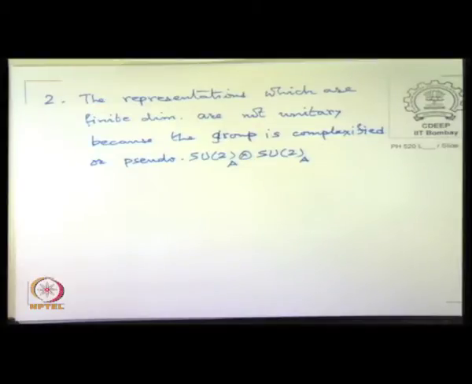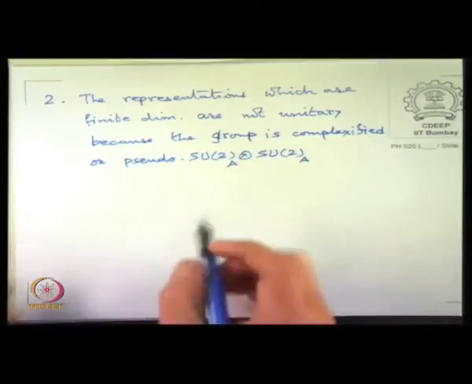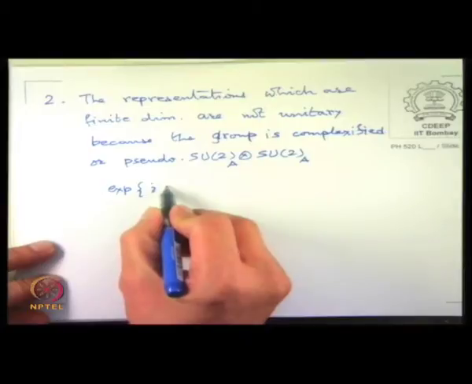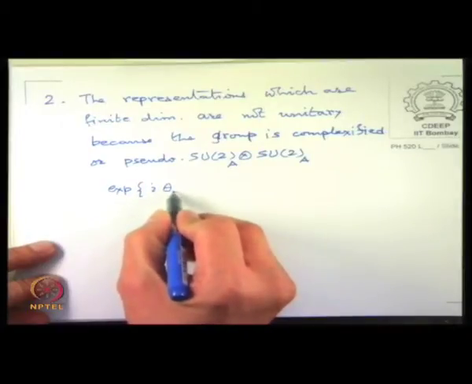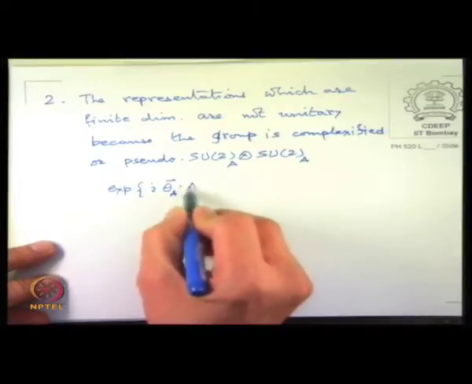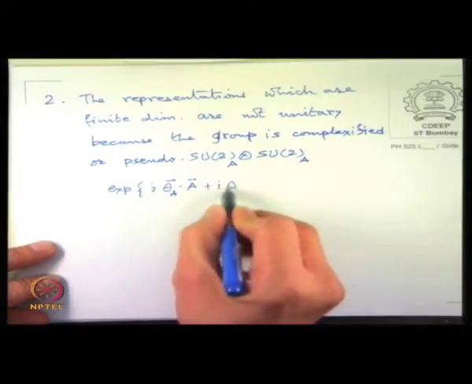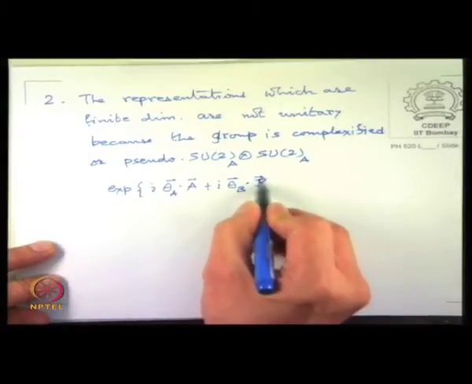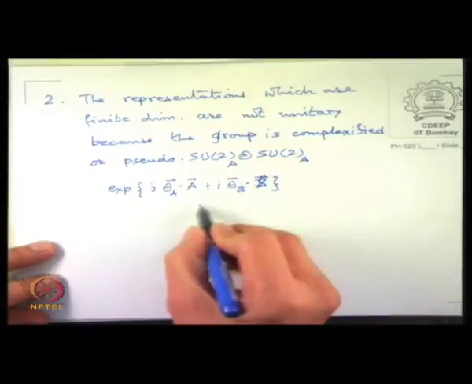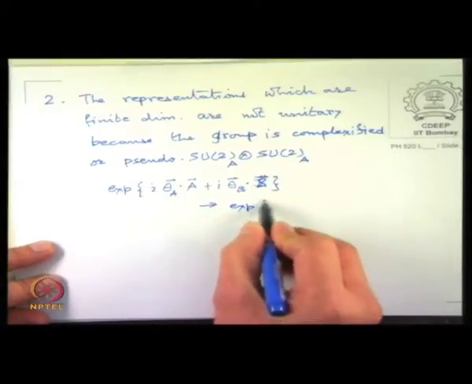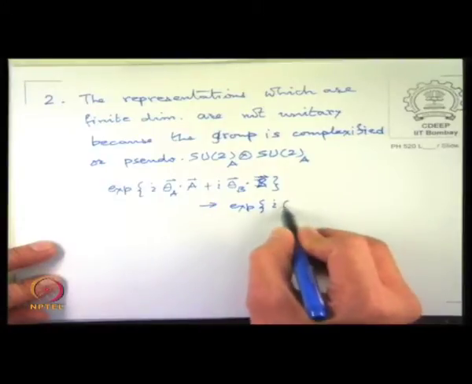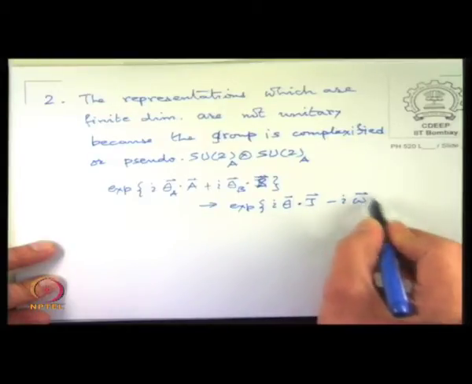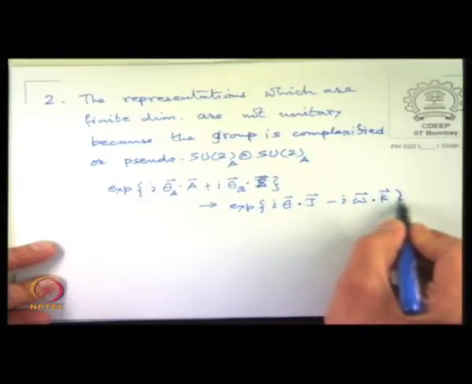using Schur's lemma. But in this case, exponential of i times theta A dot J A plus i theta B dot J B can go into something equivalently into i times some theta dot J minus omega dot K, right?